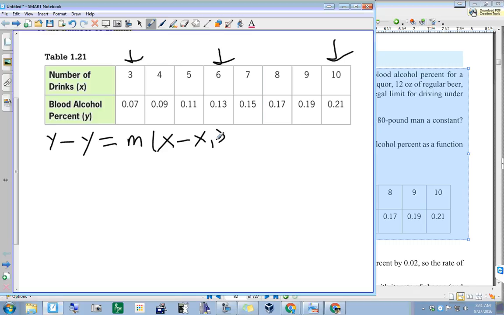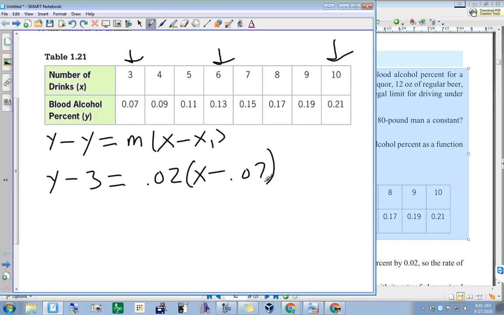But here you go. So that means I'm going to have y minus, let's say 3, is going to be equal to, what did we say our rate of change was? 0.02 times x minus 0.07.